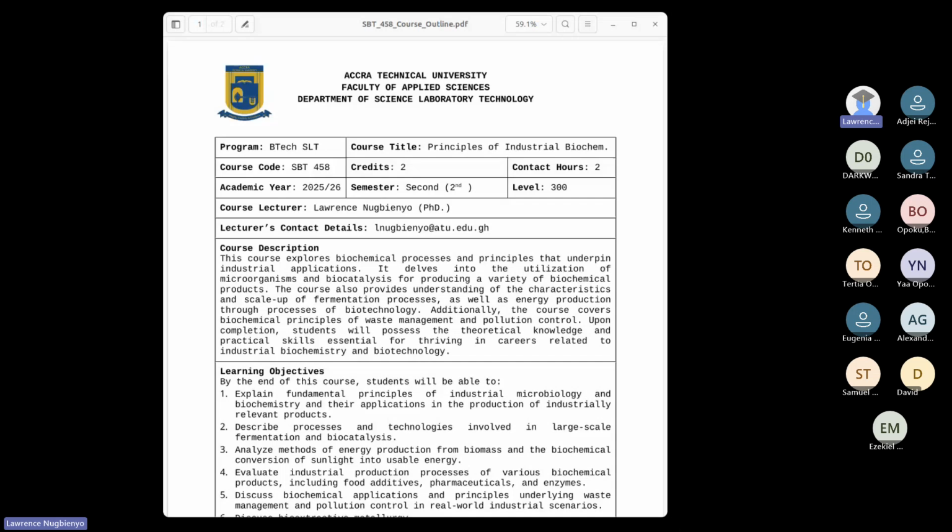I'm talking about the toxicology, where you have one group, maybe the industrial biochemistry group in the morning, and then the environmental chemistry group in the evening. Is it just impossible that we cannot combine the two classes in the morning because you are few?